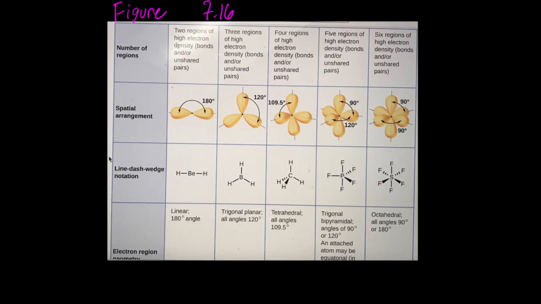Okay, so for figure 7.16, it's summarizing the different spatial arrangements you can have for a central atom surrounded by bonded groups. And this table is with 0 lone pairs on the central atom. So another thing you'll notice is that they're being very lazy with the Lewis structures. They're not drawing any lone pairs on any of the surrounding atoms because that does not influence the geometry of the central atom.